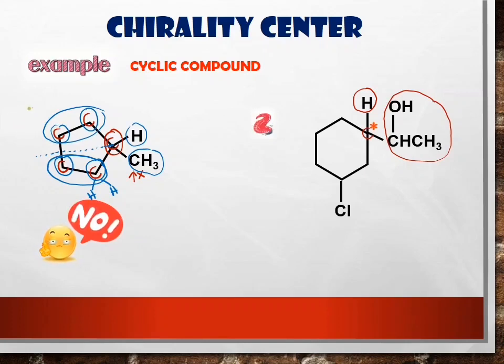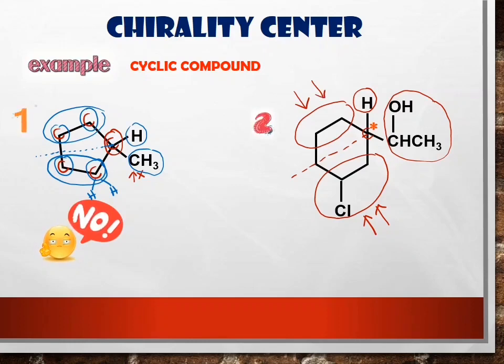So another one, if we break the ring, look at this side and this side. Are they the same, class? No, because this side and this side are different. This side consists of a chlorine atom, but this side has no chlorine atom. So both sides are different. So that is a chiral carbon.